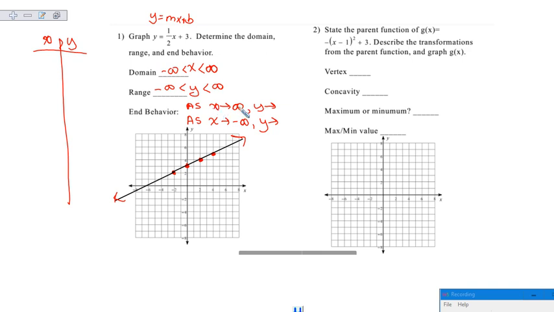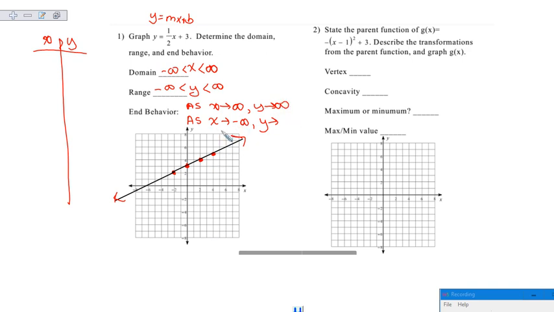X approaching infinity is to the right of my graph. So this represents the right-hand side of my graph. So on the right-hand side of my graph, the further right I go, where is my line going? My line is going up. If it's going up without bound, then y is approaching infinity.